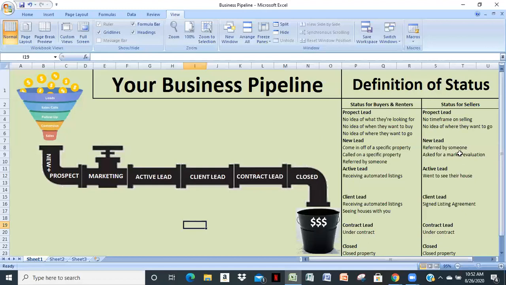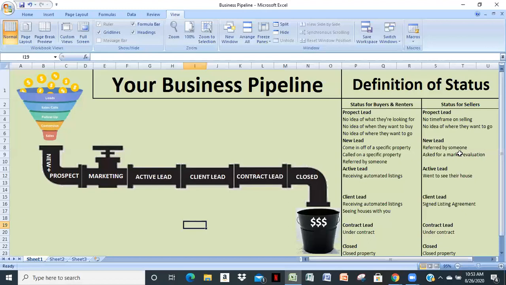The new lead seller, on the other hand, has probably come off of some kind of advertisement that you've probably seen yourself and you can do yourself on the social media platform. For example, you've probably seen those things where it says, hey, want to know what your home is worth? Click here to find out, right? That's exactly what you can do, and that's exactly what a new lead seller would do, right?